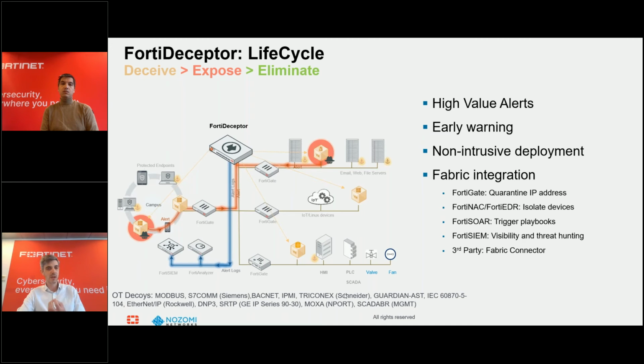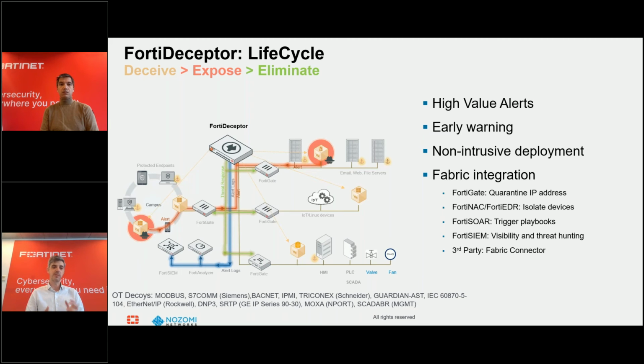So what happens if an attacker touches one of these decoys, which it shouldn't be? We'll immediately know it's a very high value alert, because nothing should ever touch this. So what we do then is we send an alert log back to the FortiGate. We can log it in FortiAnalyzer and FortiSIEM, and at this point we can even respond to it.